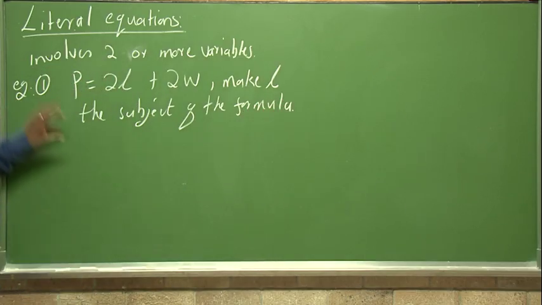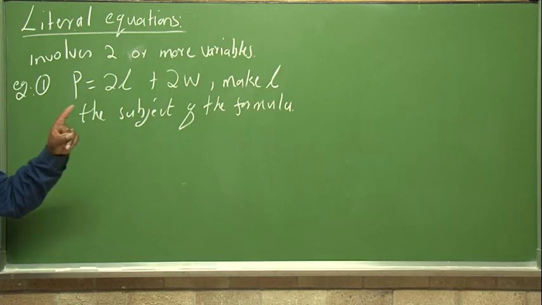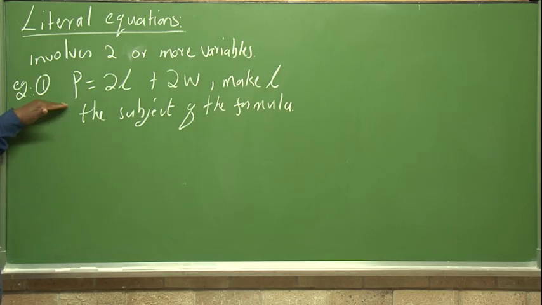Like I indicated, this is the formula we use to calculate the perimeter of a rectangle. P equals 2L plus 2W. We want to make L the subject of the formula. As it is at the moment, P is the subject of the formula.